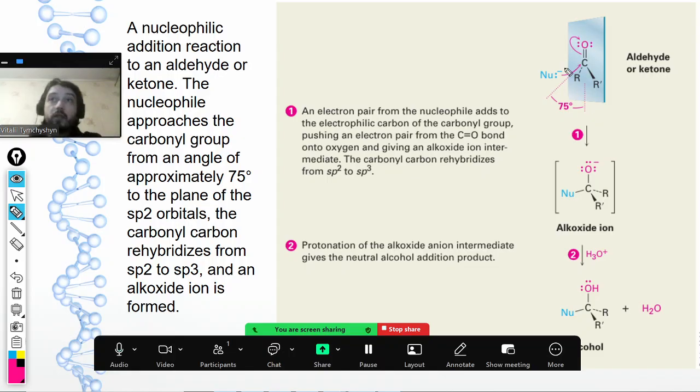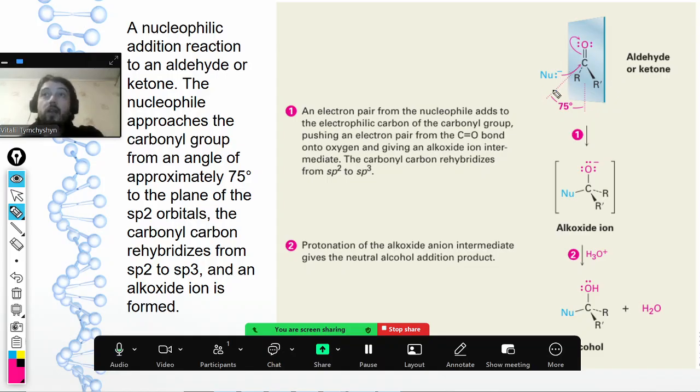Now what happens? The nucleophile has some electrons, so for example this may be a non-bonding electron pair. This electron pair from the nucleophile adds to the electrophilic carbon of the carbonyl group, pushing the electron pair from the C=O bond onto the oxygen.